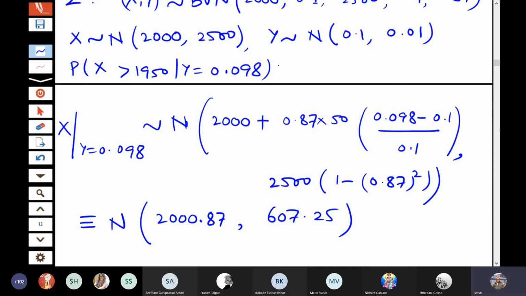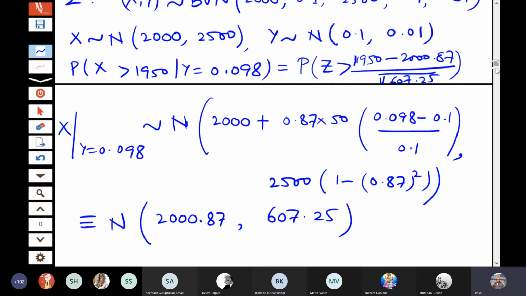So the probability is z greater than (1950 minus 2000.87) divided by square root of 607.25. These coefficients can be easily simplified.